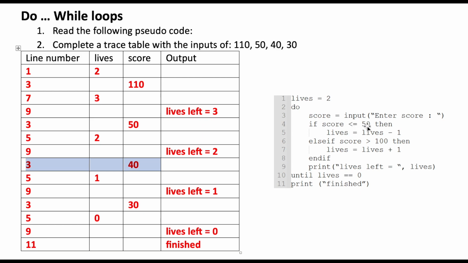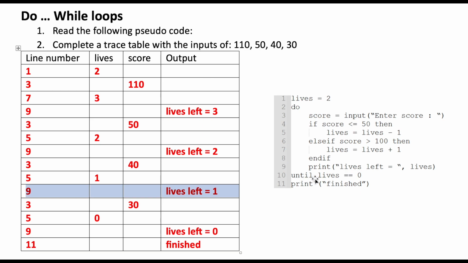If the score is less than or equal to 50, in this case it is true, and we decrement our lives variable once more. So in line 5 we can see our lives variable has been decremented again. The else part will not be executed. We then print our lives left and the contents of the lives variable. So here we have our line 9 plus the string literal lives left equals 1.